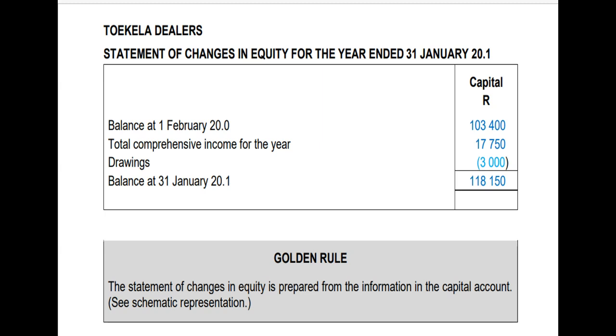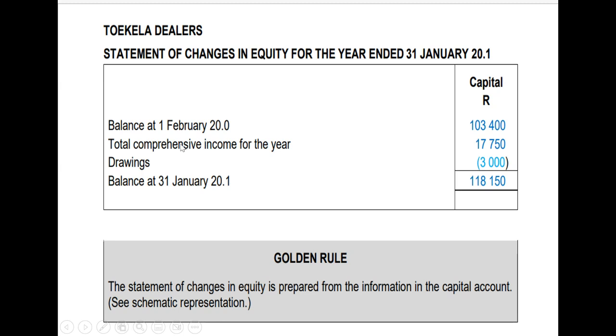Then sometimes we'll ask you to do what? A statement of changes in equity. In the statement of changes in equity, the column that we're going to have here is a capital column. So we start with what? With the opening balance on the capital, followed by what? By your total comprehensive income for the year. Remember that we have transferred that profit or loss to the capital account.